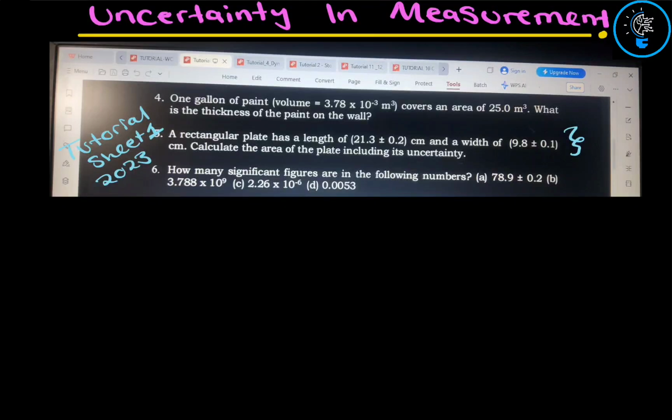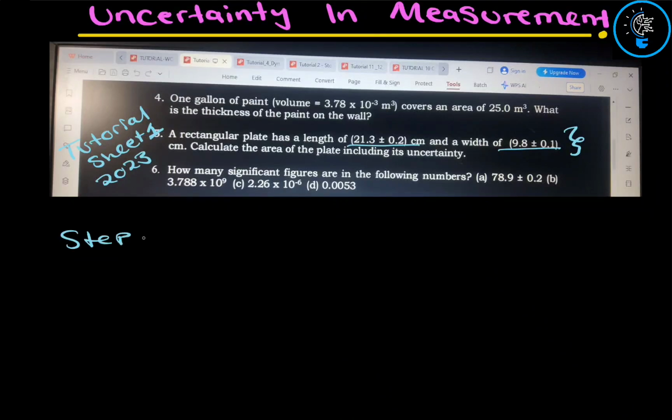Remember, questions of this kind come with 4 or 5 marks. Yeah, so this one, maybe it might come with 5 marks. Okay, let's unwrap. We are told that a plate has this length and this width. Then we are told to calculate the area of the plate, including its uncertainty.